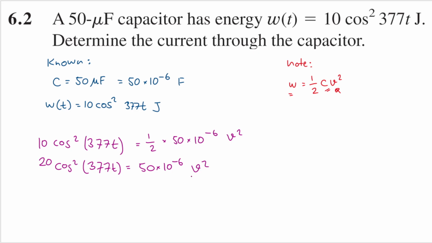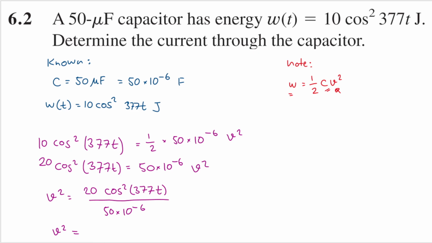Let's isolate this v squared on the left-hand side, so we will have 20 cosine squared 377t divided by 50 multiplied by 10 to the minus 6. I think we can simplify the coefficients here.